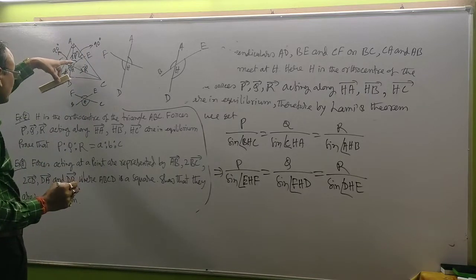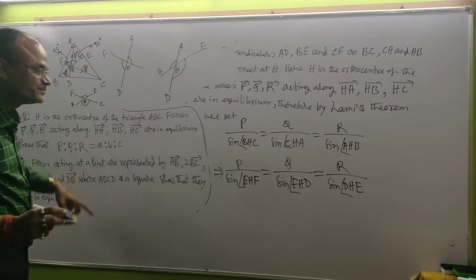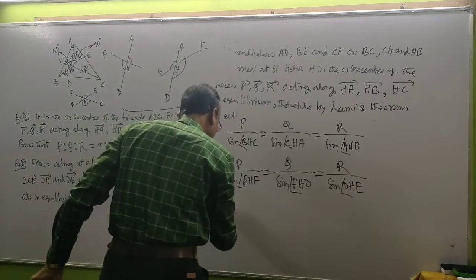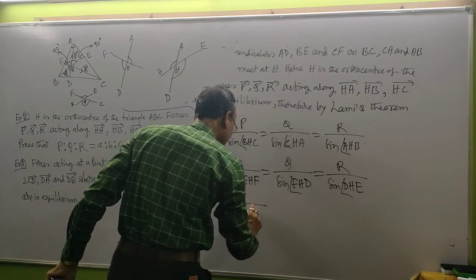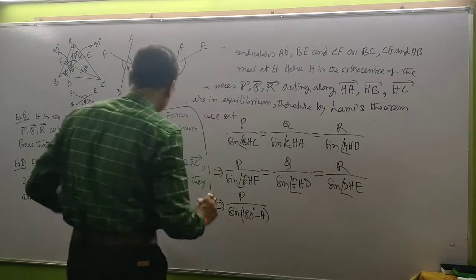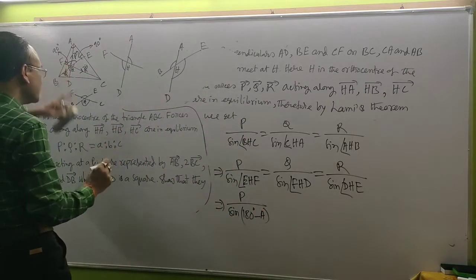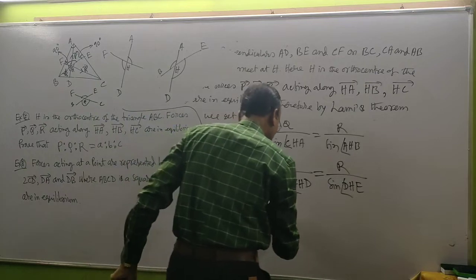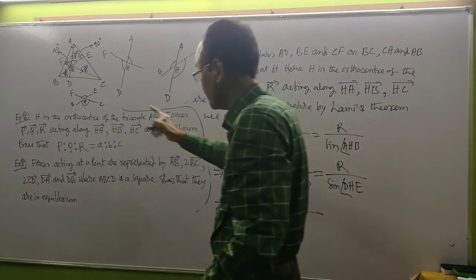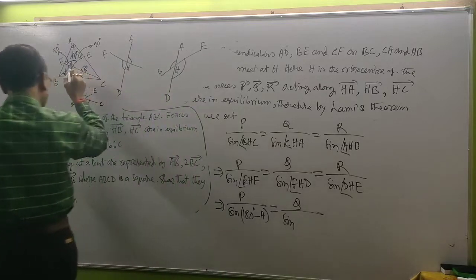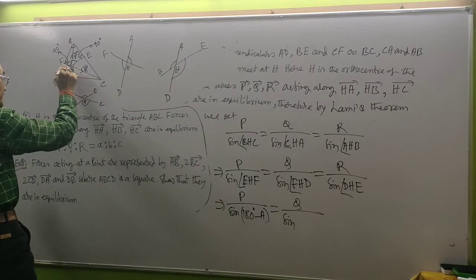What will be this angle? It will be equal to 180 degrees minus A. So P divided by sine of (180 degrees minus A), because this is 90 degrees and this is 90 degrees. This is equal to Q divided by sine FHD.